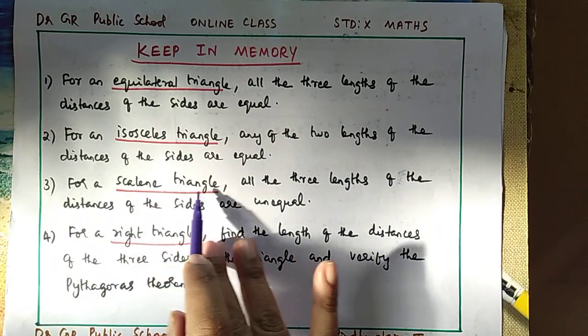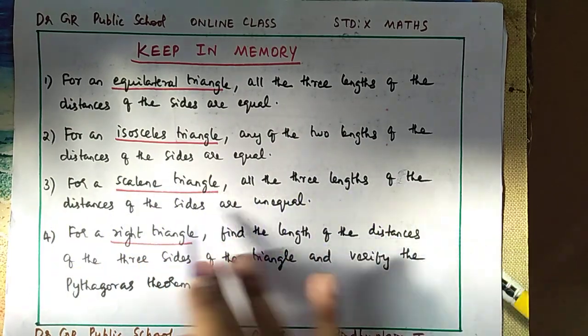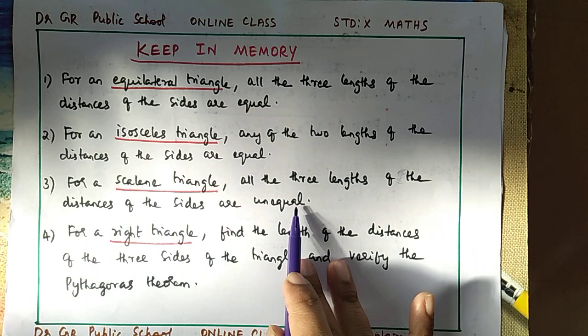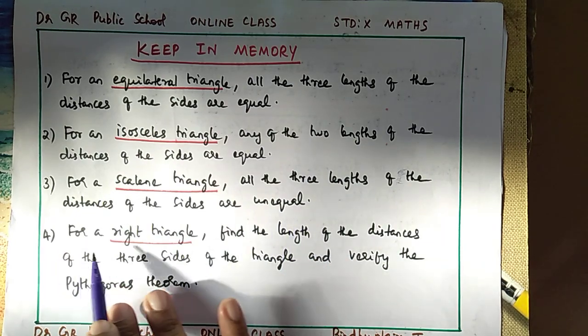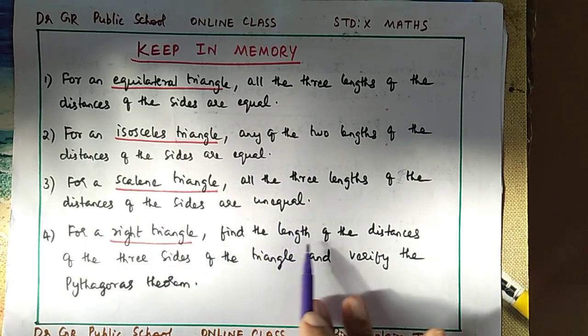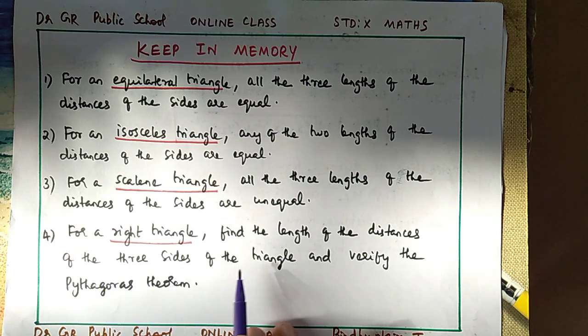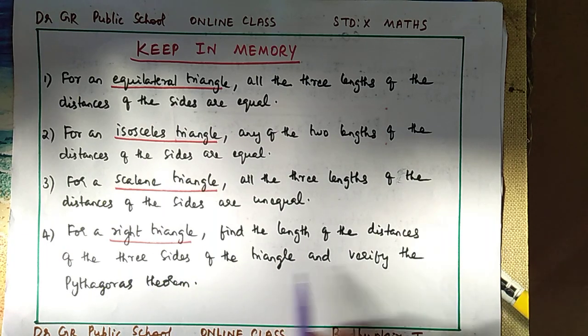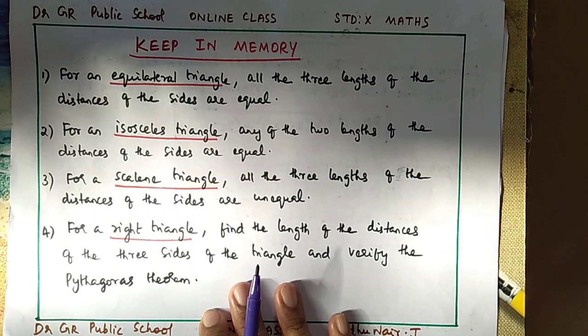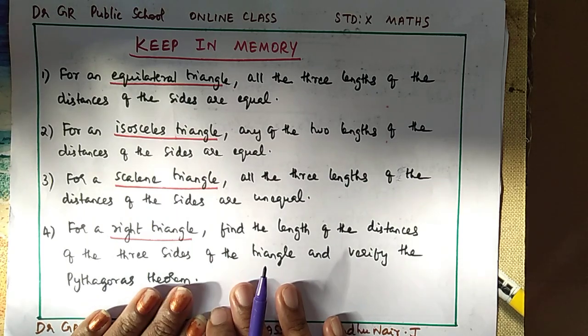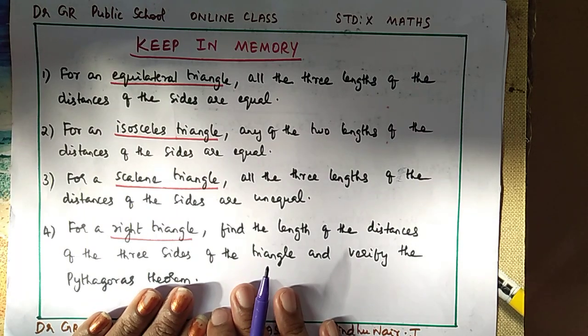And for a scalene triangle, all the three lengths of the distances of the sides are unequal. And the last one, for a right triangle, find the length of the distances of the three sides of the triangle and verify the Pythagoras theorem. So this is the thing what we studied today, the 4 types of triangles verification.